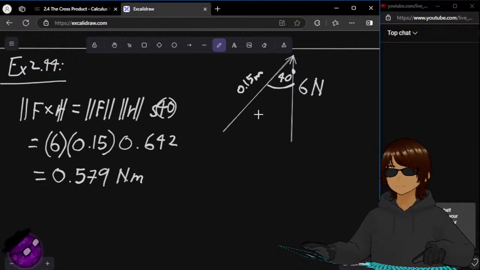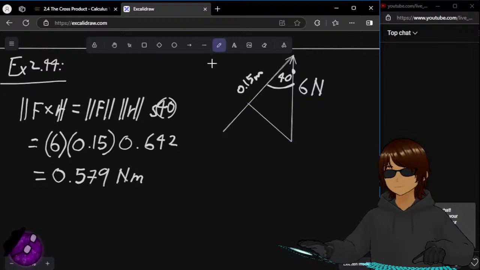Wait, let me think. The force is here. So force sine theta would give this, right? So this is calculating actually how much of this force is applied at this point.